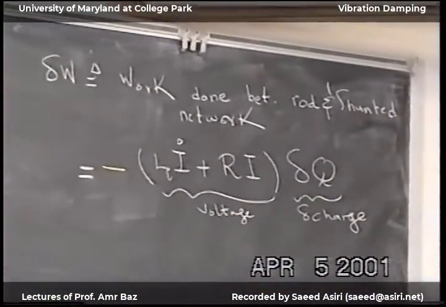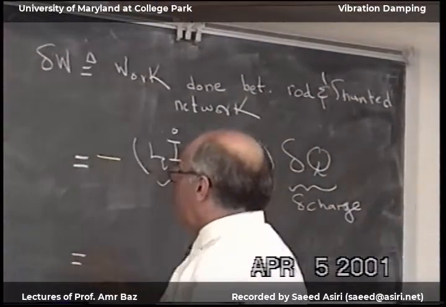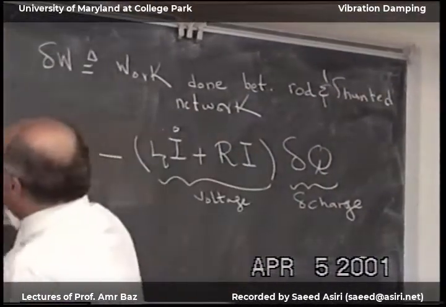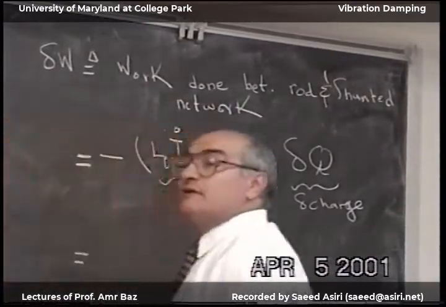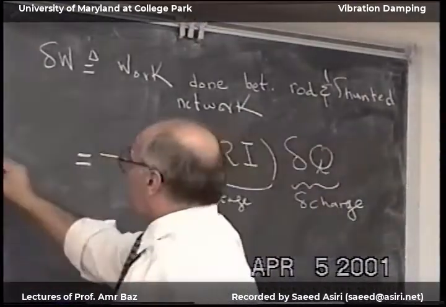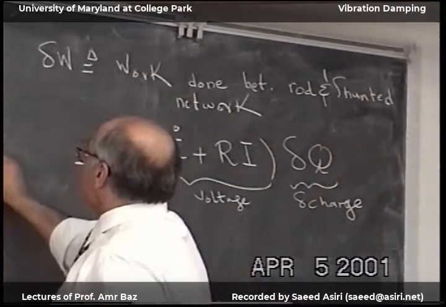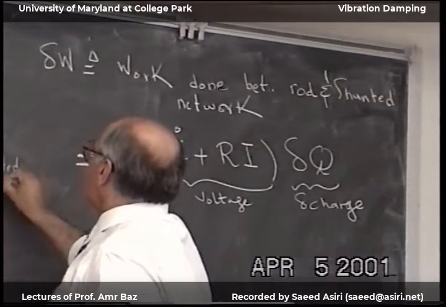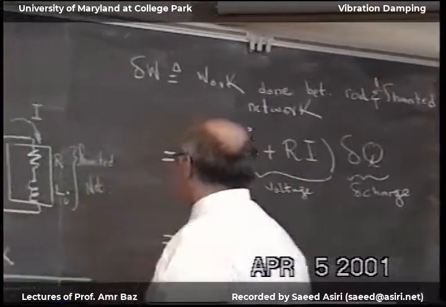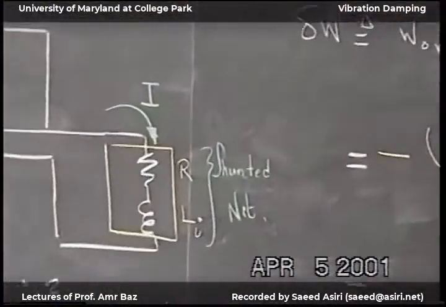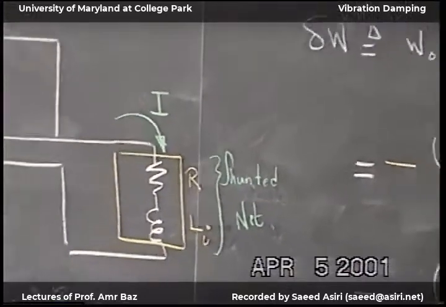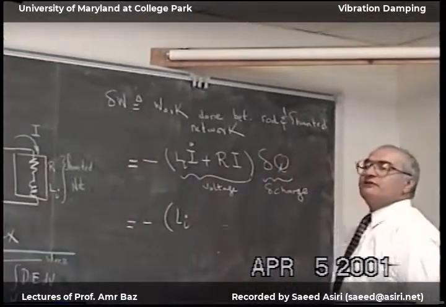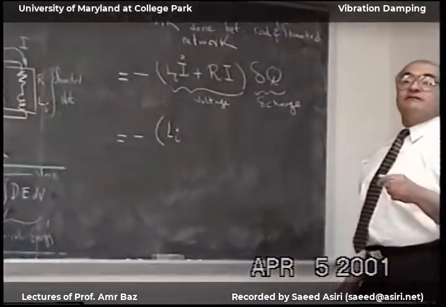And I can rewrite it as, and this I is the current that flows into this shunted network. And I can rewrite this as minus Li, and then I replace each current by the derivative of the charge.